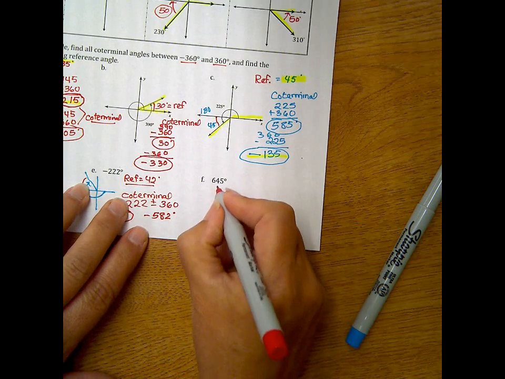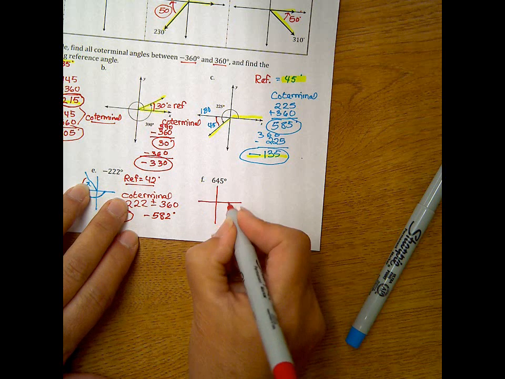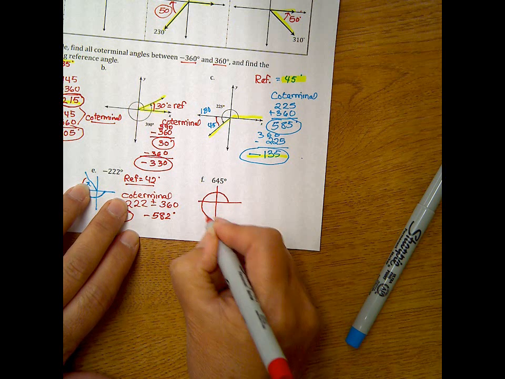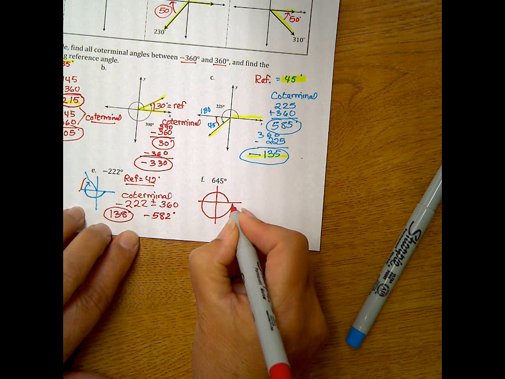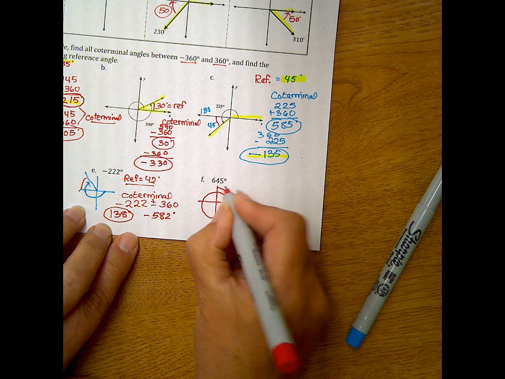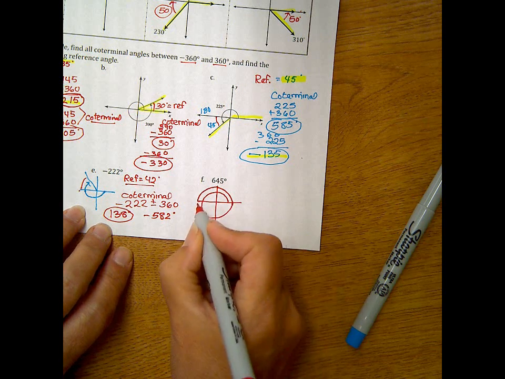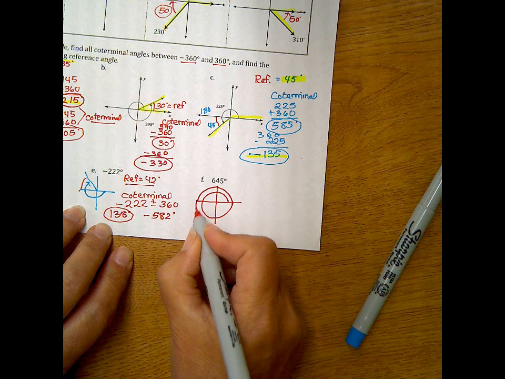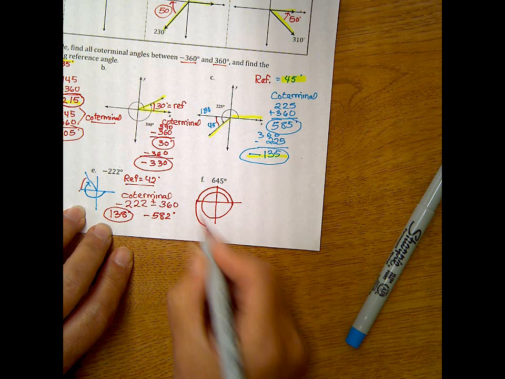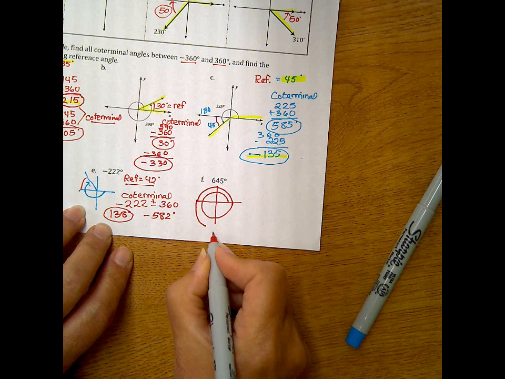645, last one. Okay, one time around the circle is 360, plus 90 more would be 450, plus 90 more would be 540, plus 90 would be 630.